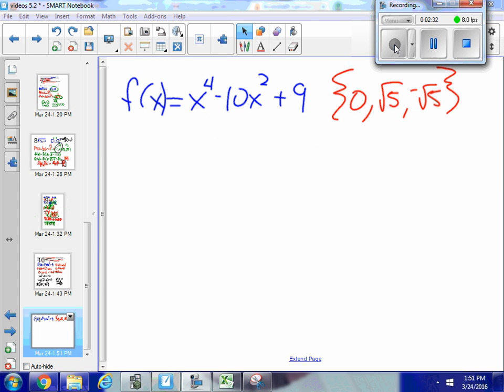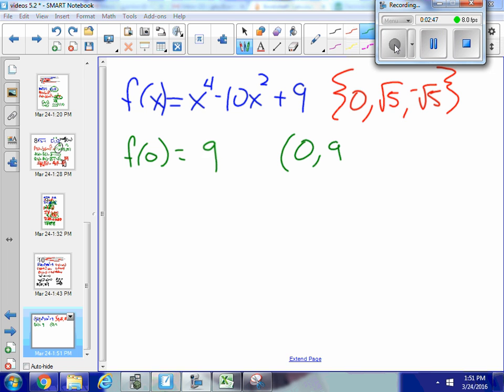So let's find the y values for each of these x values. So let's start with f of 0. That one's pretty clear. That equals 9. So I have one point, 0, comma 9.